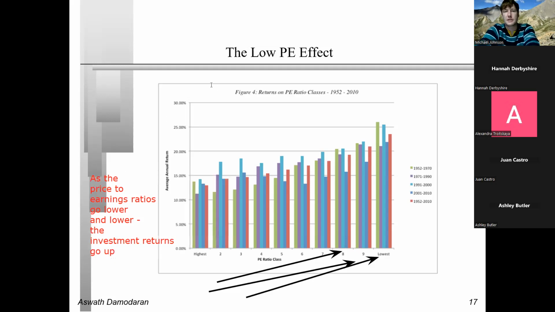So based on this study, a lower price to earnings ratio is better for stock returns. This graph is very good on showing that here. So you want to have a lower price to earnings ratio in this case.